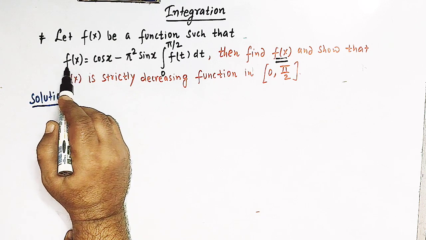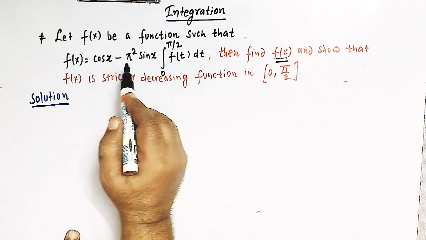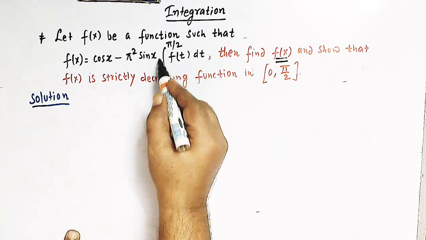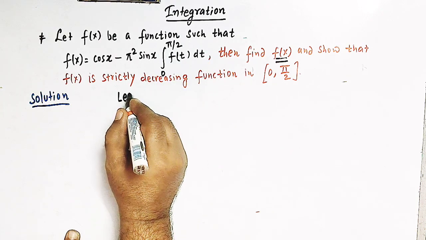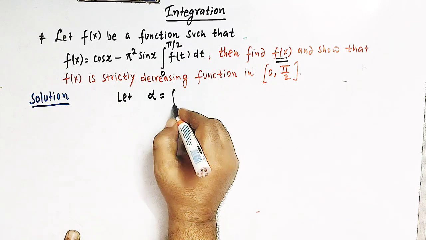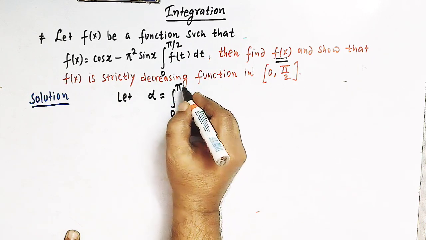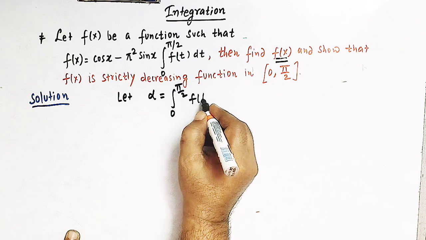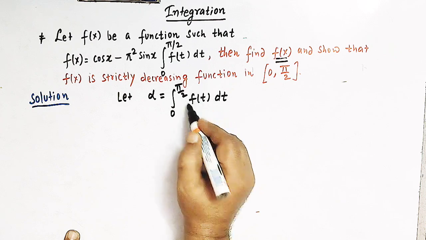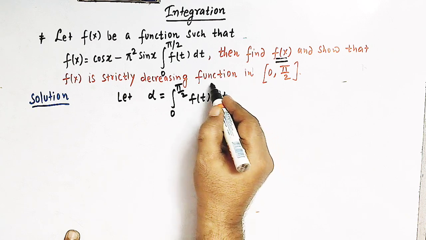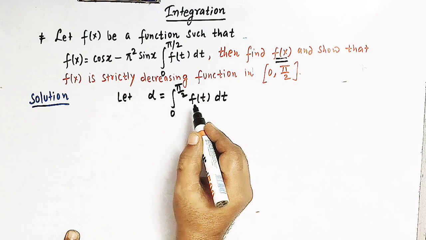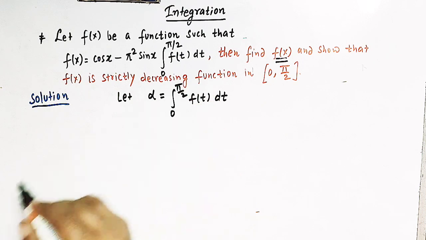See, here we have f of x is equal to cos x minus pi square sine x, and here we are given this integral, right? So let us take this integral as say alpha. So we can take alpha is equal to integral 0 to pi by 2 f of t dt, because whatever be the function f of t, when we calculate this integral it is going to give us some number, say alpha, right?